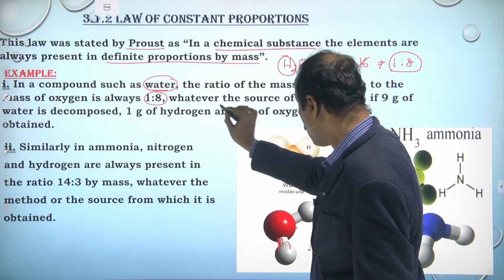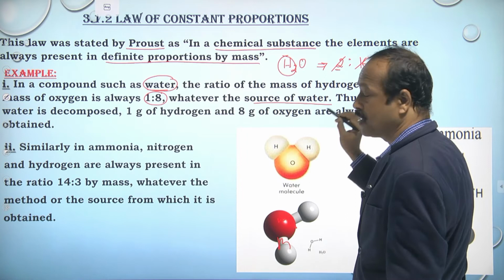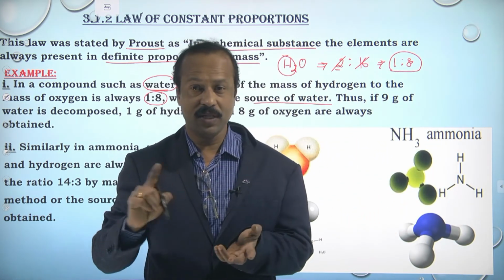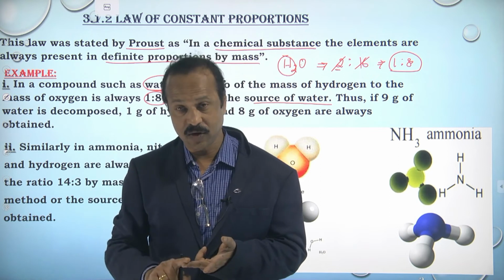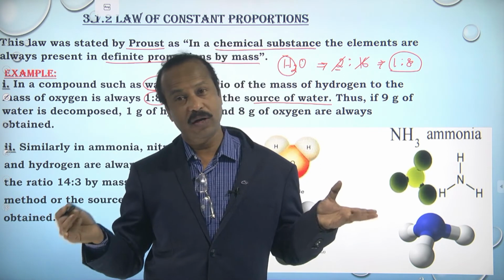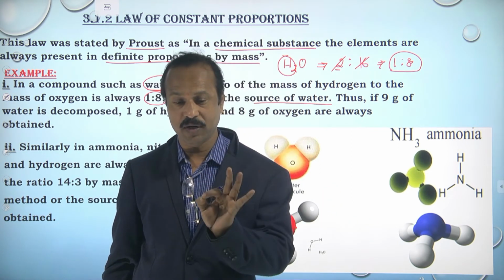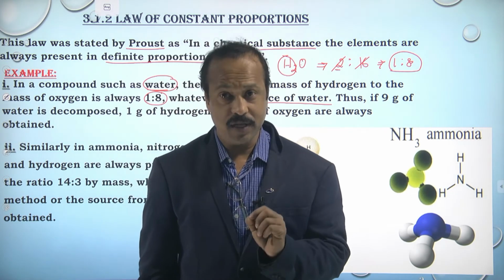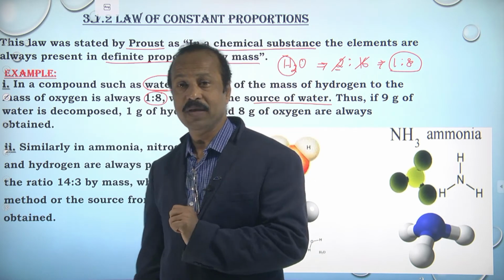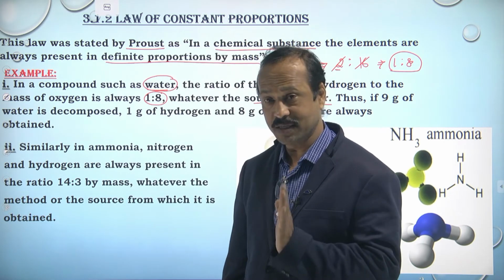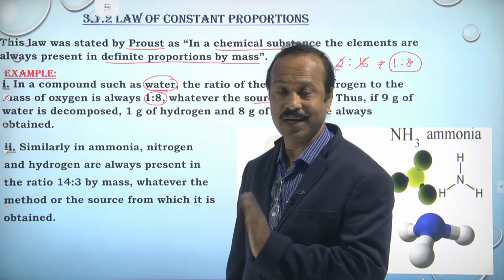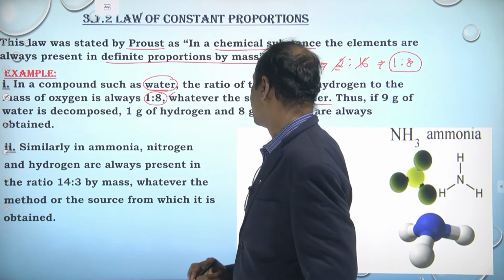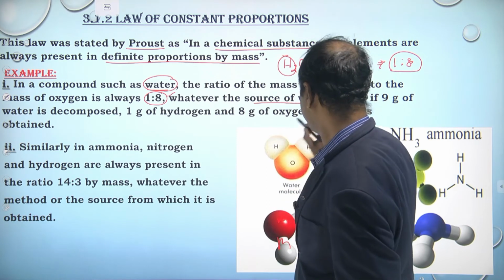Whatever the source of water, whether it is river water, rain water, underground water, or lake water, but only pure water, not minerals or salts. If you take pure water, then the mass ratio of hydrogen and oxygen always remains the same, that is 1:8.